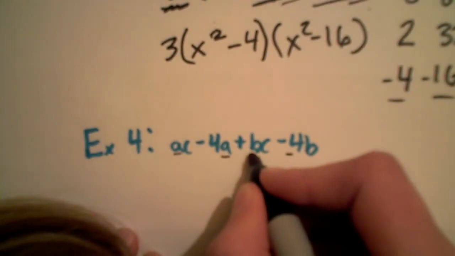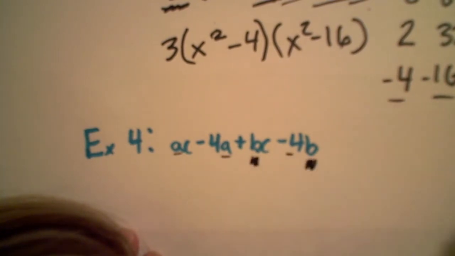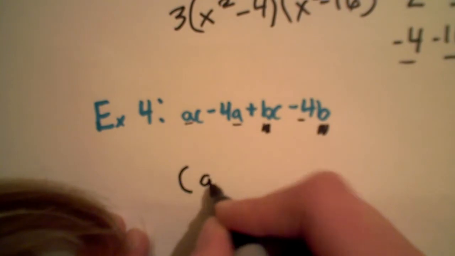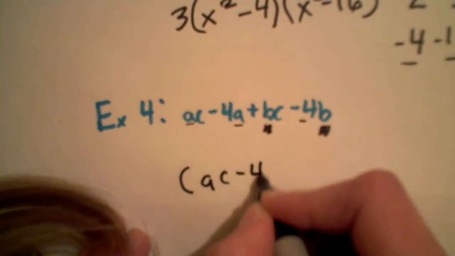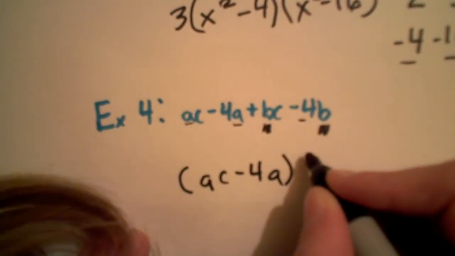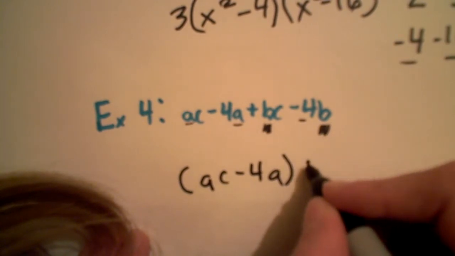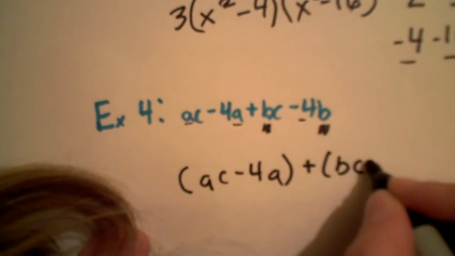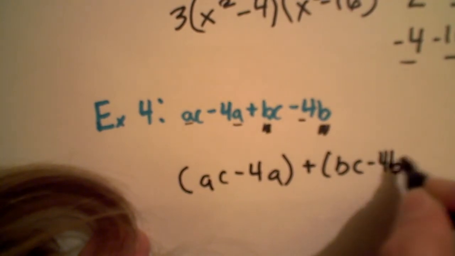So we group them, and it's going to look like ac minus 4a plus bc minus 4b, without switching around the order.